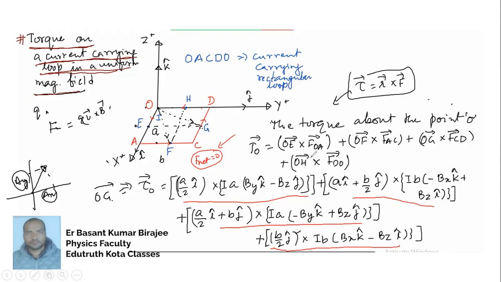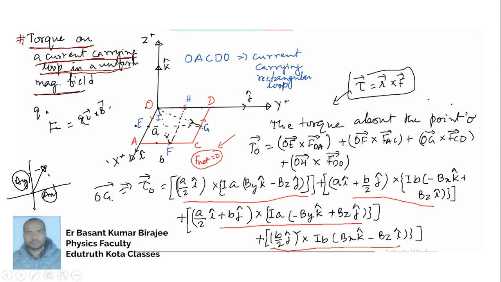So in the first case, let's find the torque due to the F_OA force, the force on this arm. Your r vector in this case is the vector joining point O and the point of application of the force, E. So we write OE, and the force at E is F_OA.